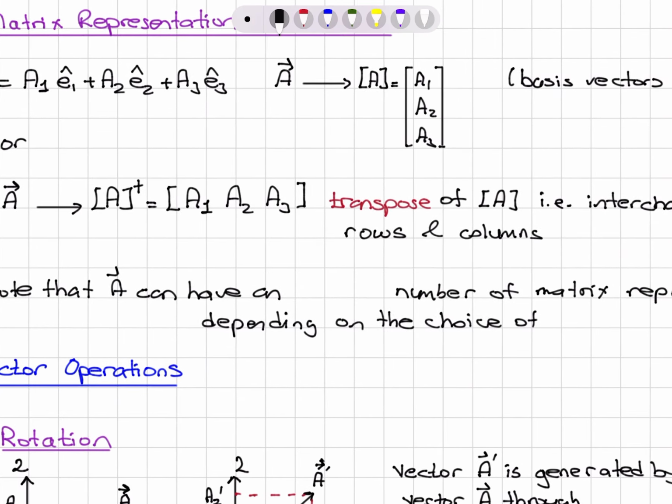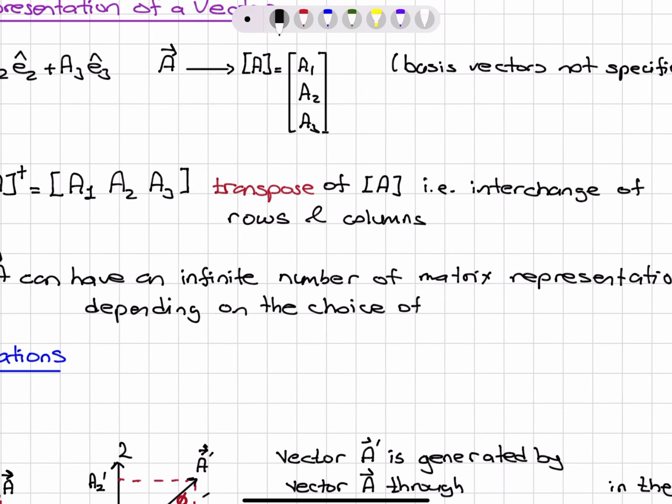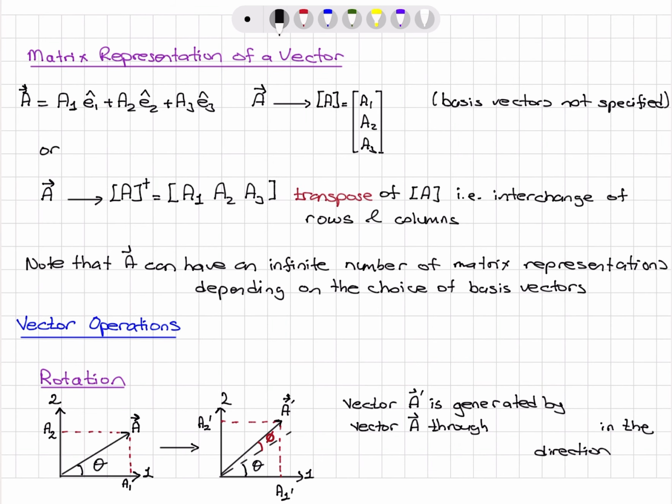And we can note here that this vector A can have an infinite number of matrix representations, depending on the choice of basis vectors.